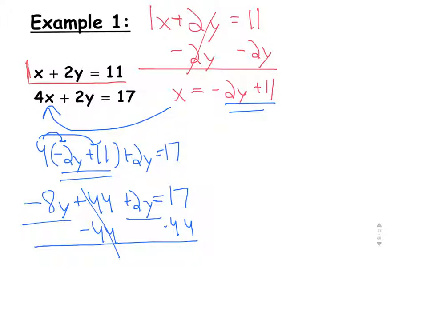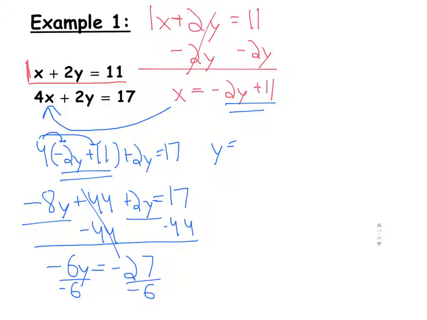And so negative 8y and 2y is going to be negative 6y equals, and now 17 minus 44 is negative 27.